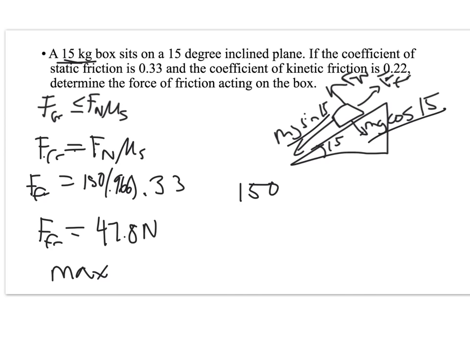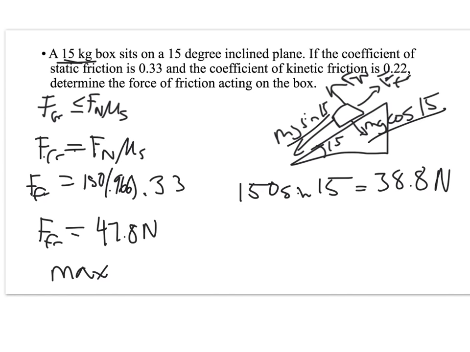Again, it's 150 times the sine of 15, and we are looking at 38.8 newtons. So my force of static friction matches up with that mg sine 15. I have enough friction to actually prevent this box from moving.